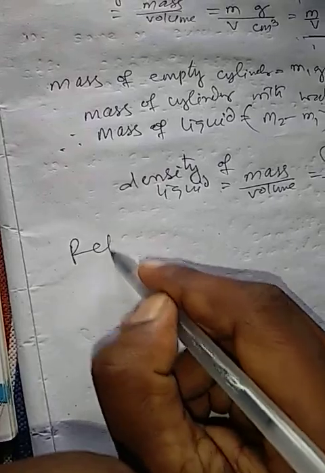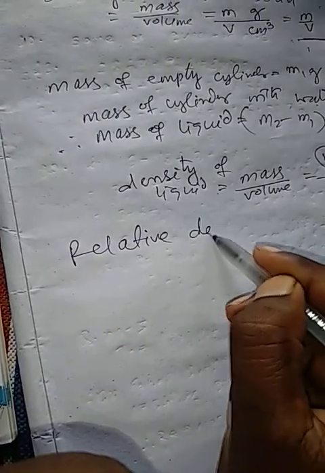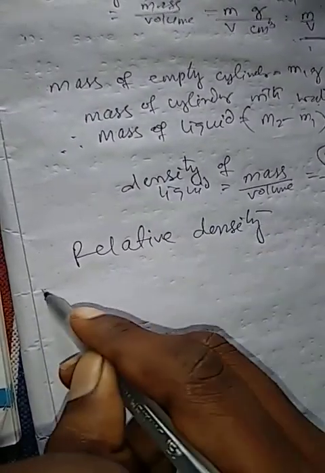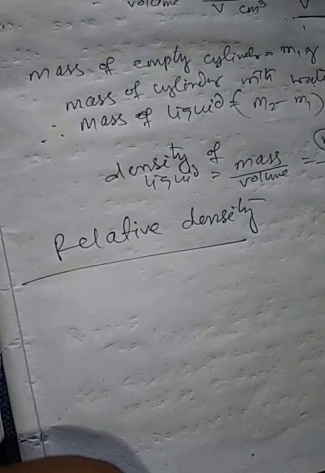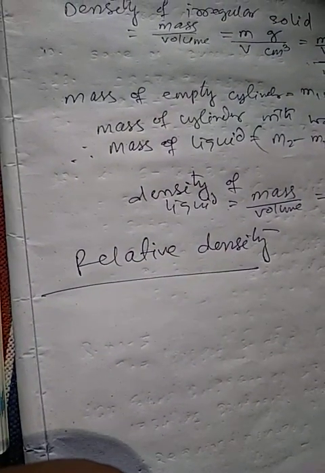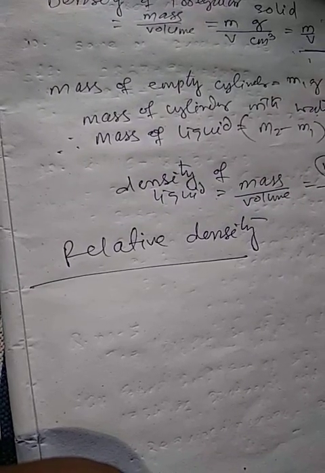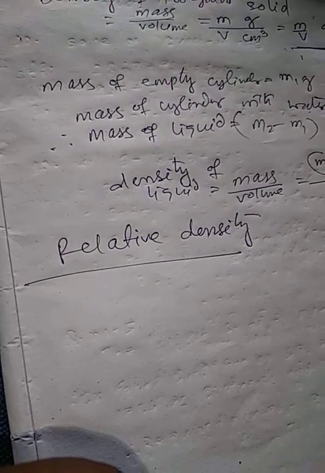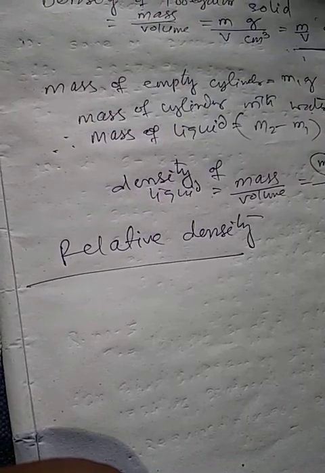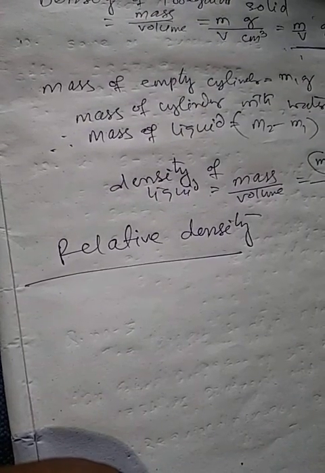Now we discuss relative density. Relative density of a substance is the ratio of its density to the density of another substance. When a solid object is dropped in a liquid, it either sinks in the liquid or floats on the surface of the liquid.